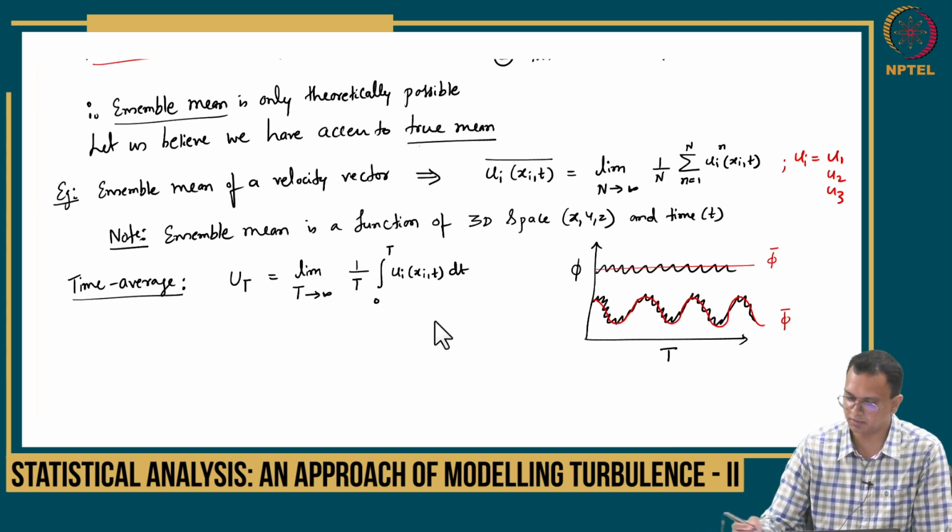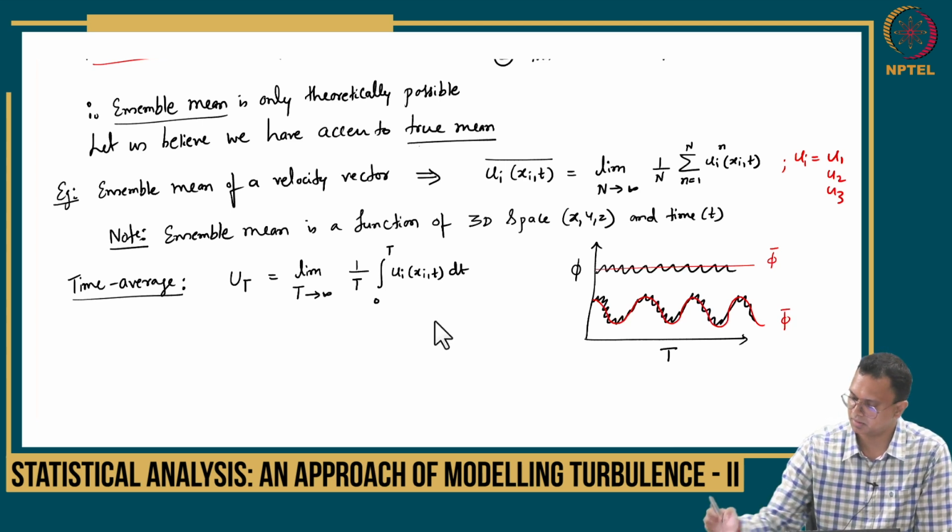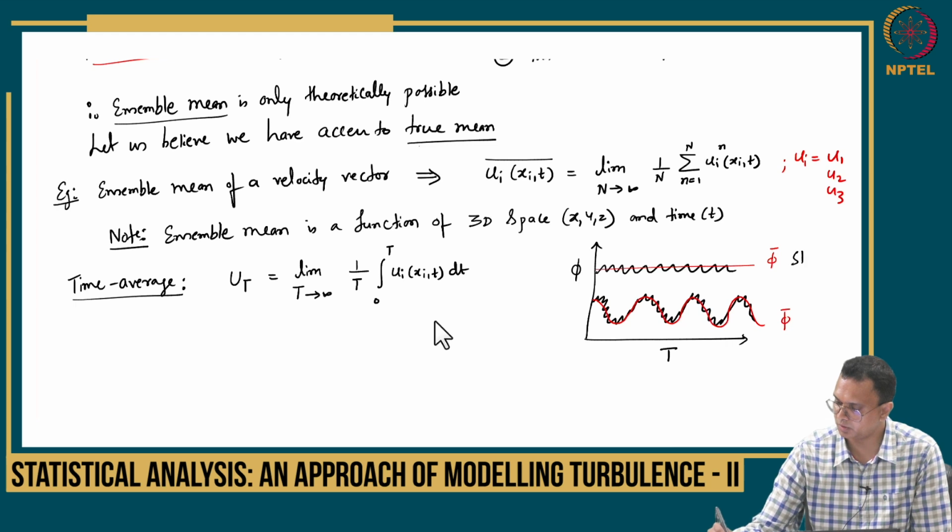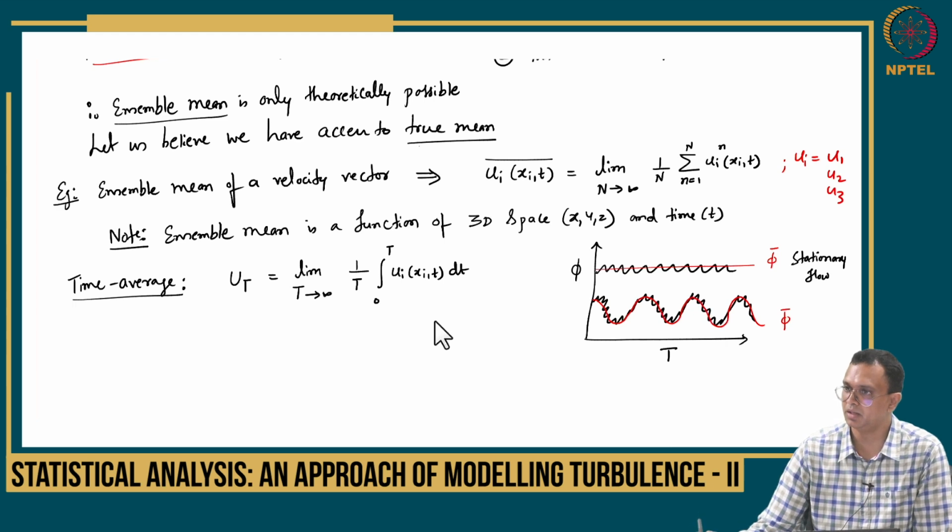So if we have this kind of a process, this is where you have what we call a stationary flow. The mean is no longer a function of time. In this particular case, then time average can be used, which will be the same as the ensemble average. Here the mean is also a function of time. Mean is changing with time here.